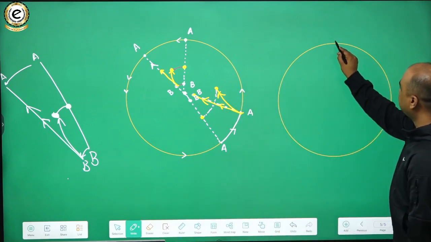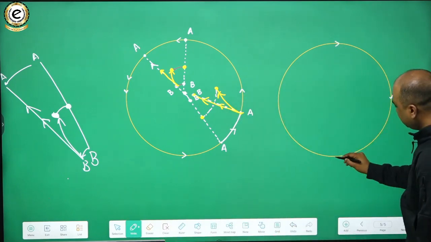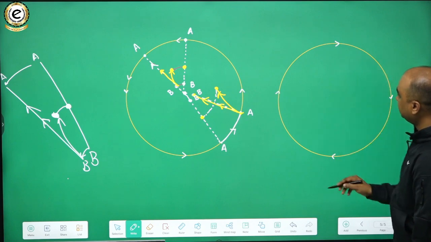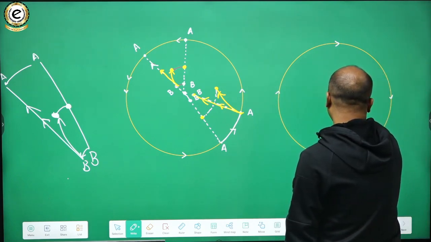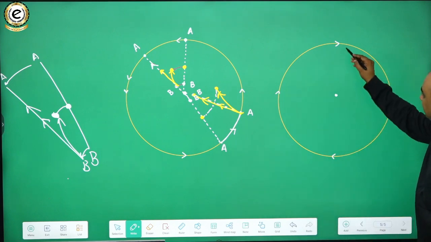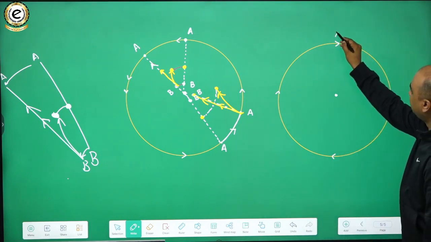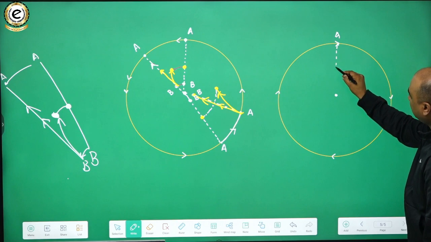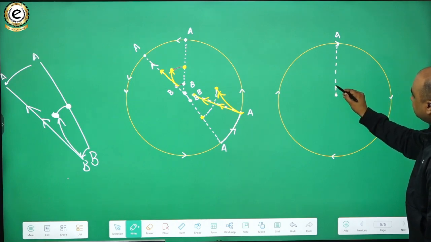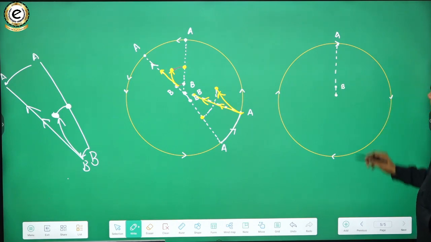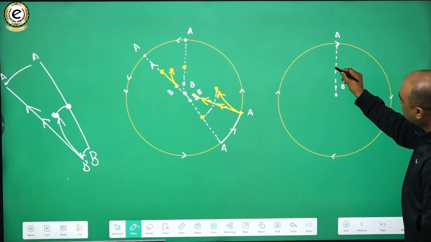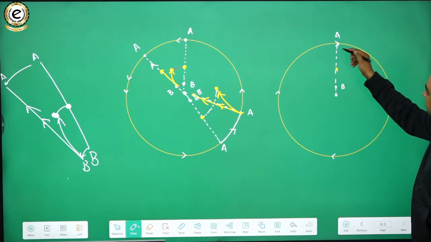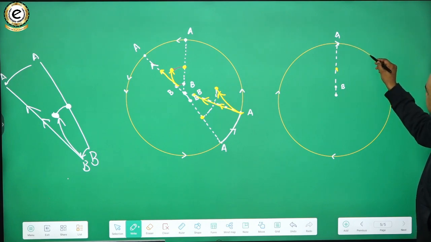in the southern hemisphere the rotation is clockwise, so I'm holding it in a clockwise rotation, and suppose this is the center, and this is point A, suppose this is point B. And again, I'm assuming that B is trying to throw a ball towards A, but by the time the ball reaches A, this is A's new position. Here is where A is.